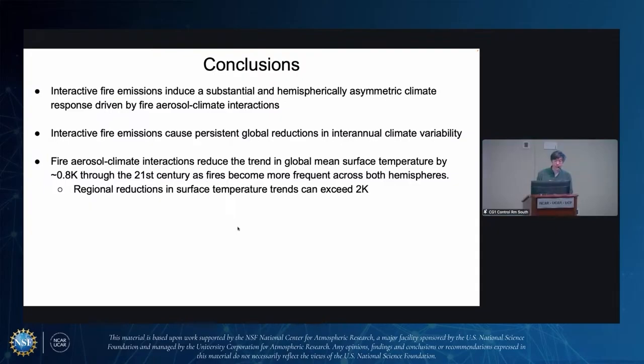Yeah, I think that the interactive fire is quite important, because specifically we can't rely on the prescribed fire because of these discontinuities in variability and mean responses. But the interesting thing is there are model biases in the area burned, across the southern hemisphere and the northern hemisphere, which can cause these hemispheric differences.